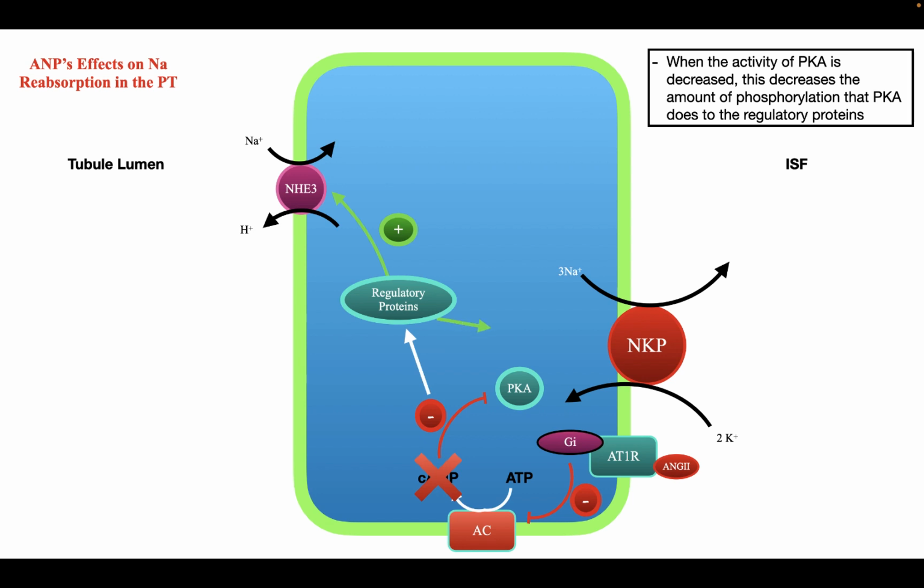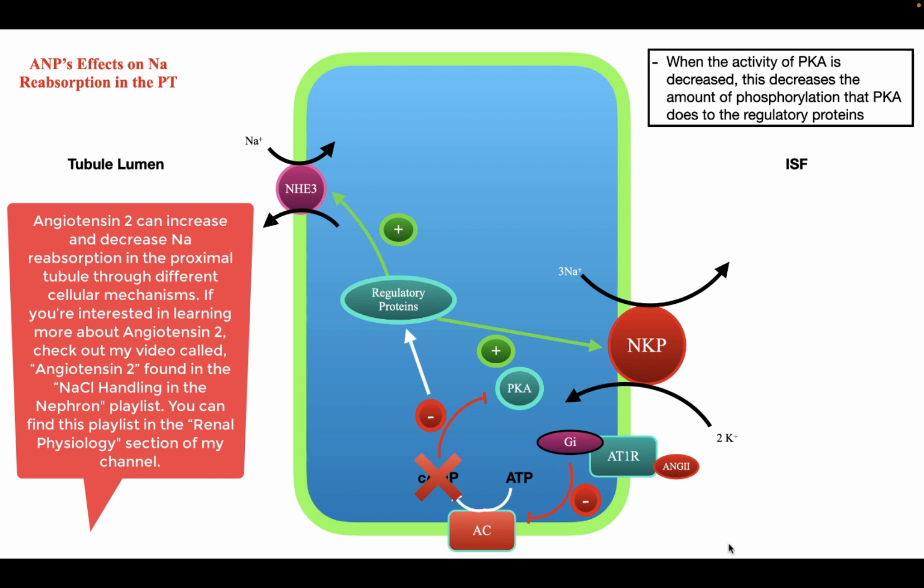In addition, these regulatory proteins will also increase the activity of the sodium-potassium pump, which allows the pump to bring more sodium from the cytosol into the interstitial fluid. So this is one of the effects of angiotensin II: it can increase the amount of sodium reabsorption that takes place in the proximal tubule.